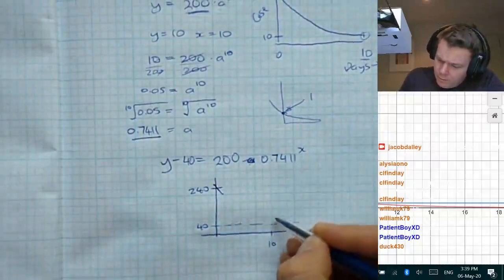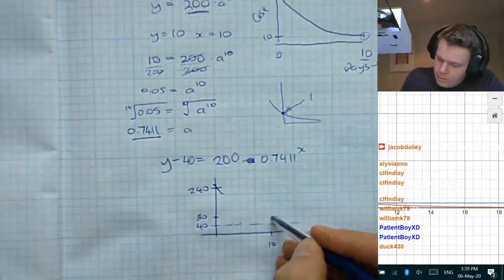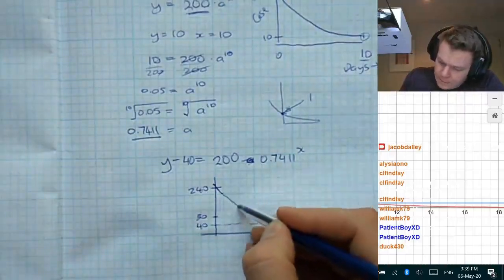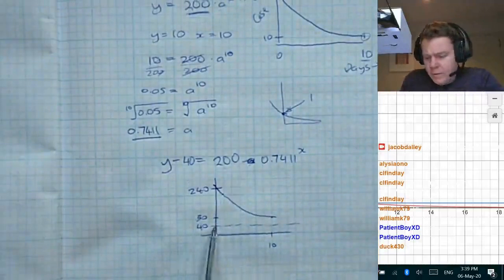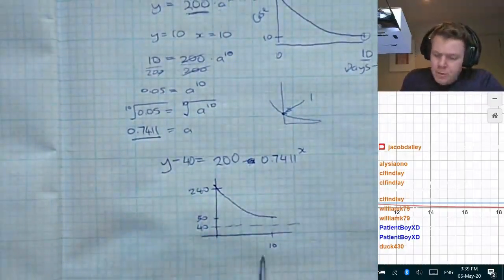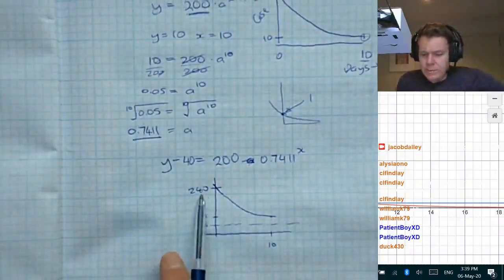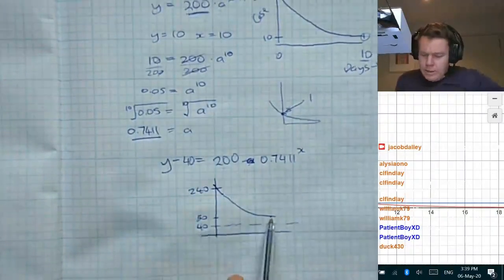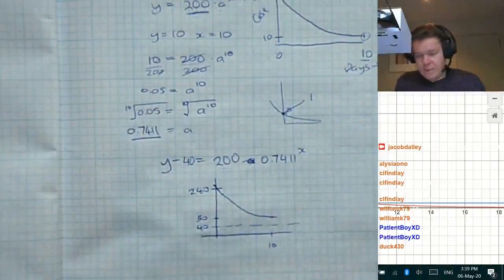There's 10, so it's still going to go through the equivalent of 10, 10, so it would go there like that, but your asymptote has been bumped up by 40. So everything's been shifted up by 40. The intersection at 200 has been shifted up by 40. The intersection at 10, 10 has been shifted up by 40. So now it's at 50, 10.